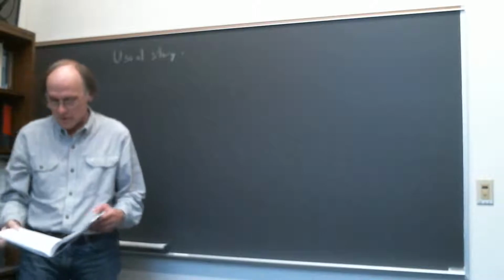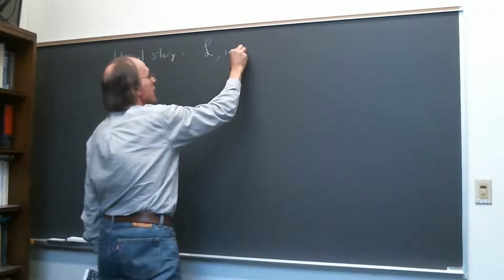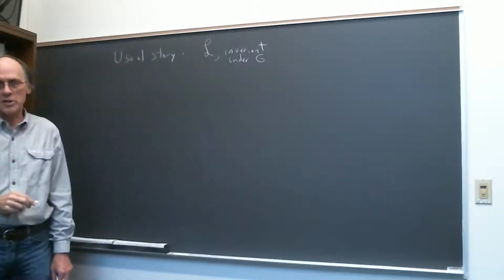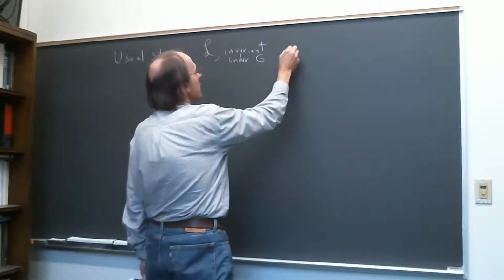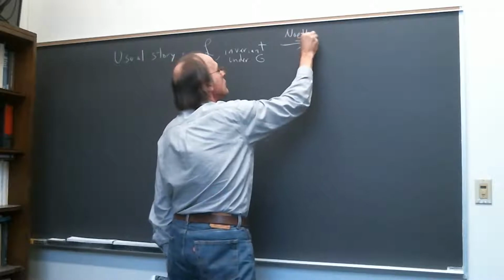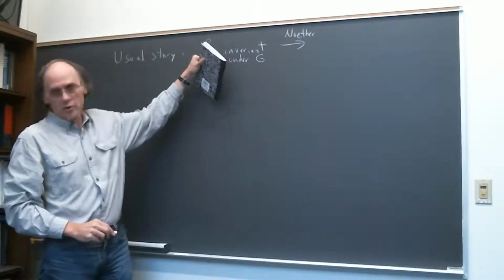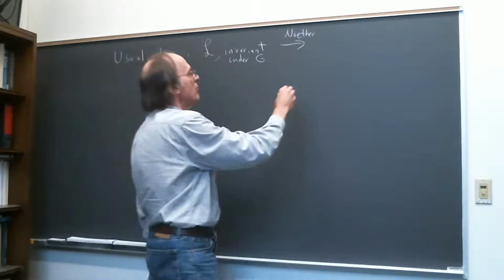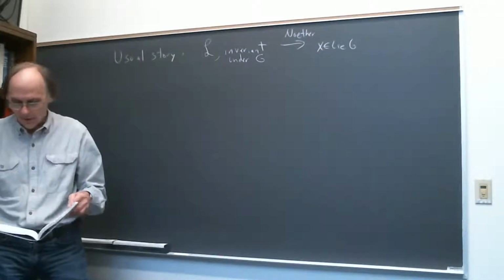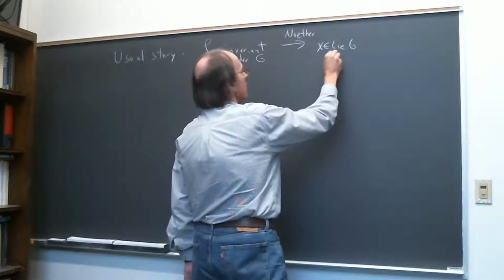The usual story about symmetries is you start with a Lagrangian, and you notice that it's invariant under G, especially a Lie group G. And then you use Noether's theorem to show that if you've got a Lagrangian that's invariant under the group G, then for each element X of the Lie algebra of the Lie group, you're going to get a conserved quantity.